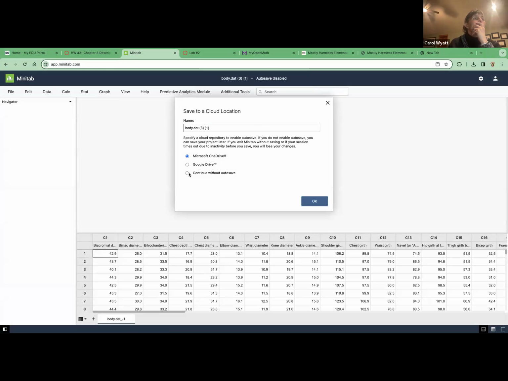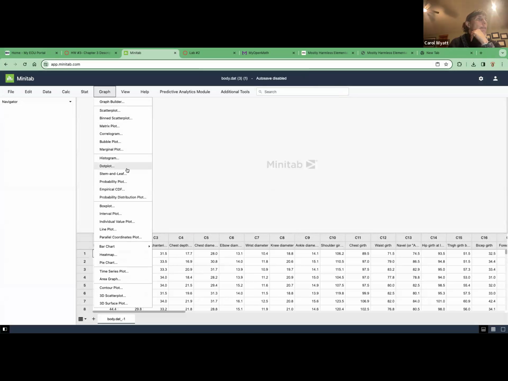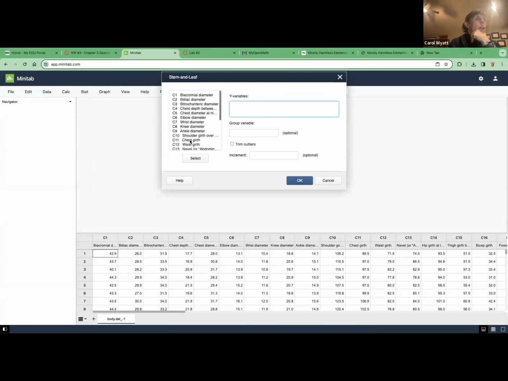All right, so I'm going to do my stem and leaf for age. I'll do increments of 10. It's the most common. There we go.